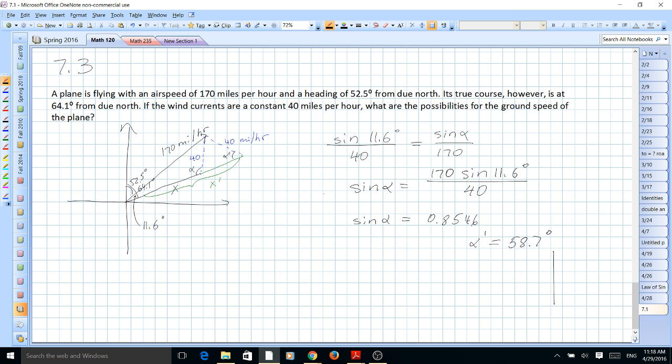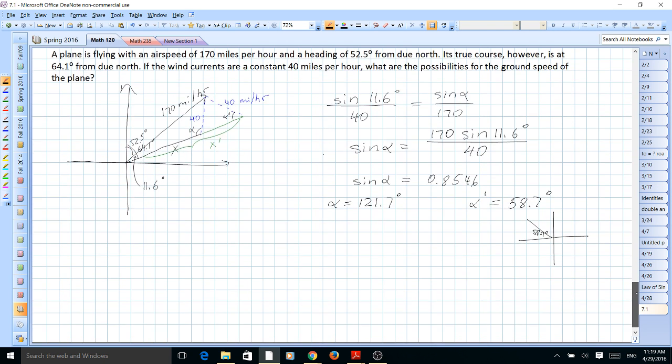So that's the reference of 58.7 in quadrant number 2. So 180 minus 58.7 gives you 121.7. That's my alpha labeled right here with obtuse.